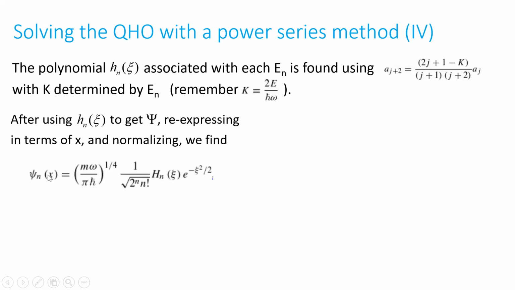Associated with our E_n, we have psi_n of x, which is this coefficient out in front times 1 over the square root of n factorial. We also have a 1 over 2 to the n times this capital H_n, which is written as a function of psi, but psi depends on x, so we could plug this in and it would be a function of x.